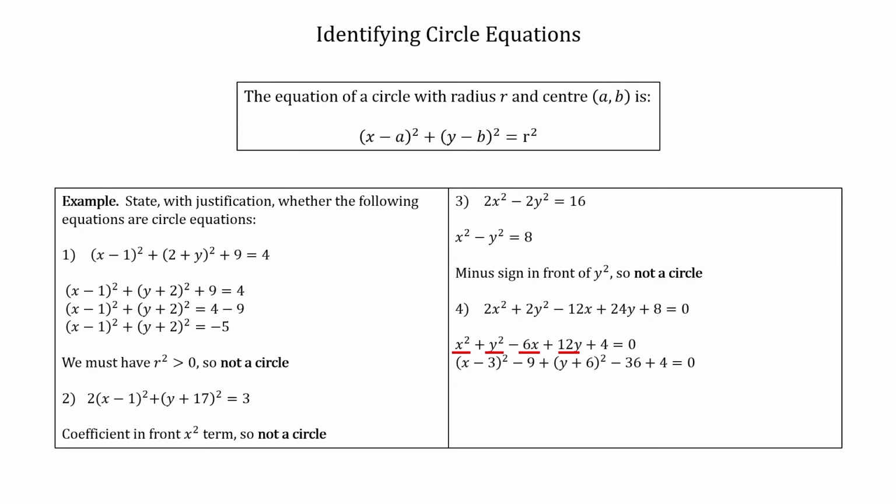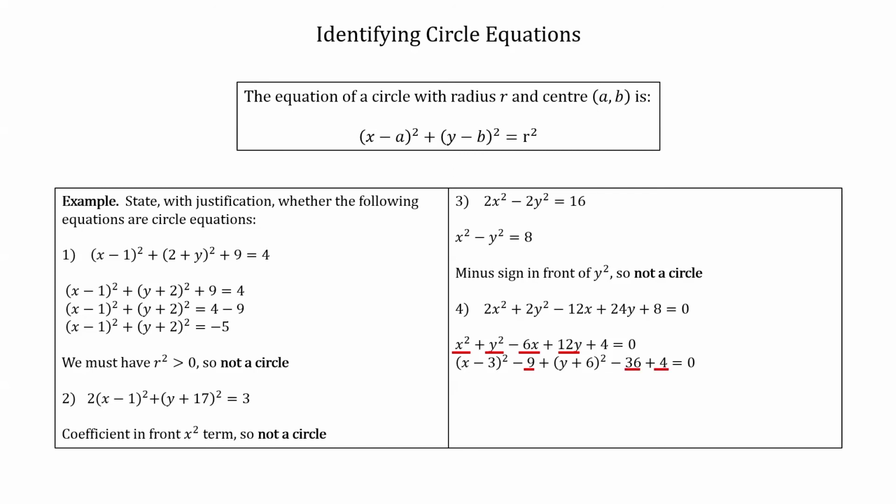Similar for the y, so y squared plus 12y would become y plus 6 all squared, but when we multiplied out that bracket, we'd end up with a plus 36 term from the 6 squared, so we subtract that off too. Then we still have the plus 4 at the end equals 0.